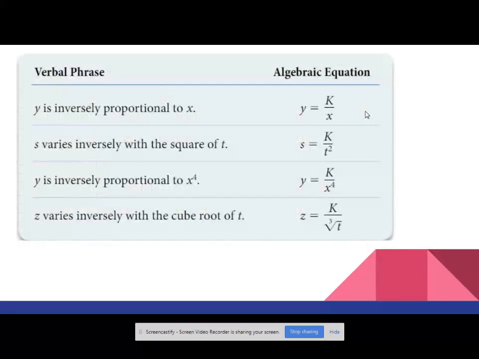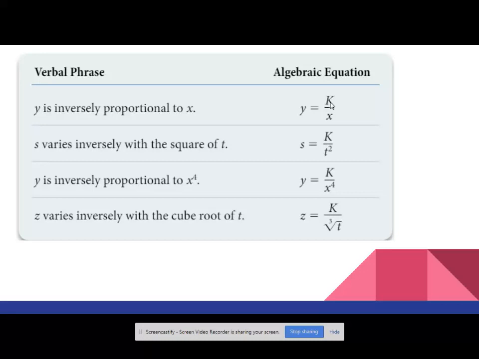But this is what it looks like in terms of the equations. This is actually easier than dealing with it graphically. So it might say something like y is inversely proportional to x, or y varies inversely with x. It's the same type of equation, except instead of k times x, it's k divided by x. And so in this case, k is not like the slope.